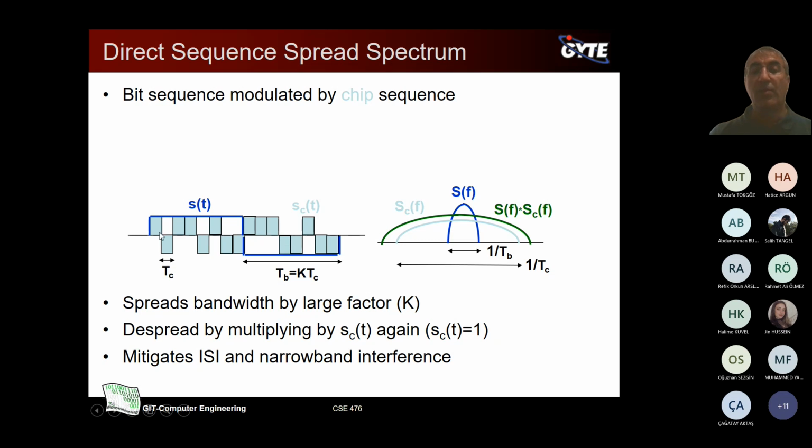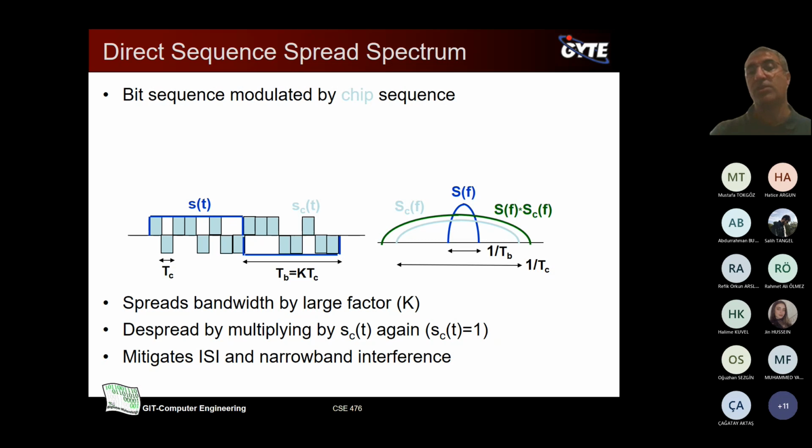When you multiply with the chip sequence, we are spreading the bandwidth by a factor of k. The blue one was my original S of f. After multiplying with this special secret code, I spread the bandwidth of my signal.